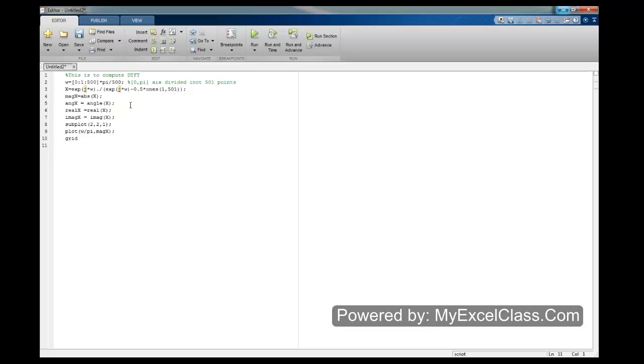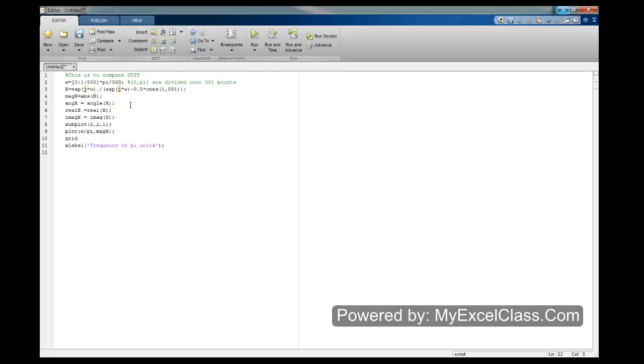So X label is equal to frequency in pi units.